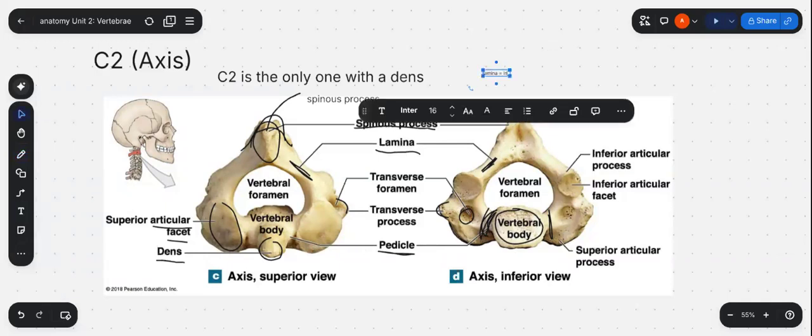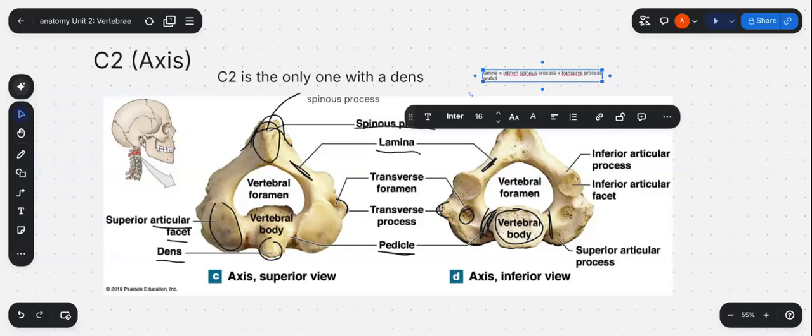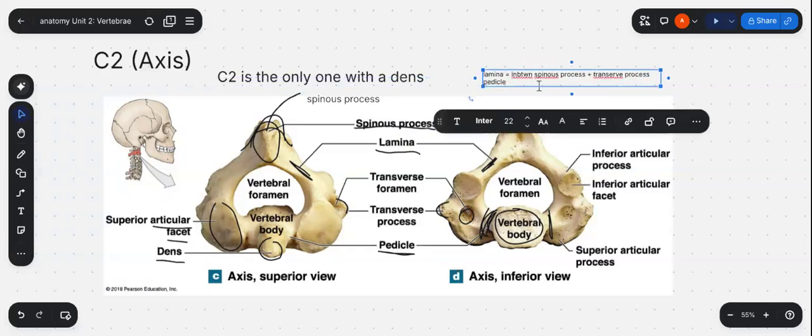Lamina is in between the spinous process plus transverse process, while the pedicle, I'm actually going to enlarge this so that it's easier to see. The pedicle is in between the vertebral body and transverse process.